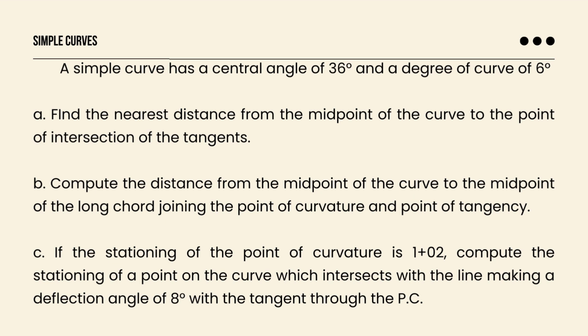B. Compute the distance from the midpoint of the curve to the midpoint of the long chord joining the point of curvature and point of tangency. C. If the stationing of the point of curvature is 1 and 2, compute the stationing of a point on the curve which intersects with the line, making a deflection angle of 8 degrees with a tangent through the PC.